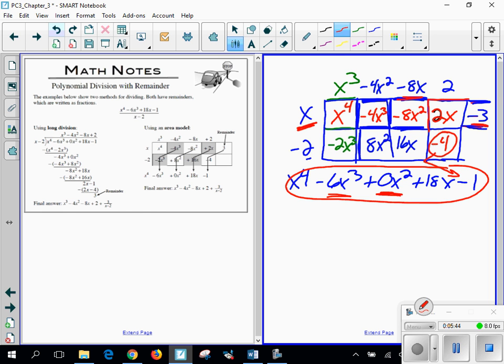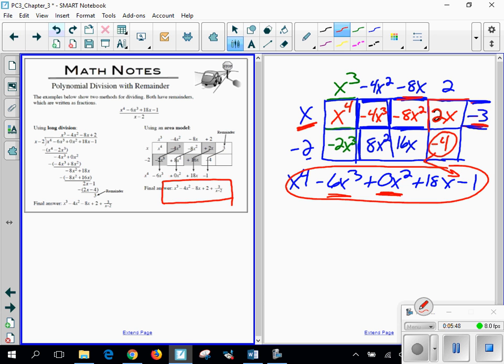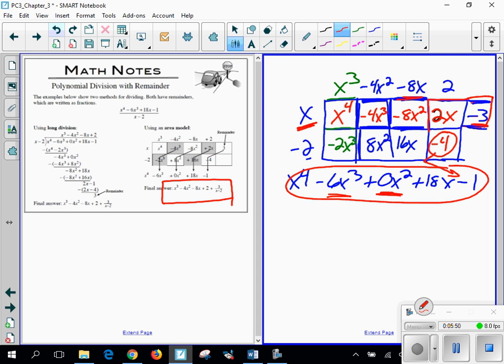So the final answer turns out to be what they have here: this negative 3 was not able to be divided by x plus 2. It still needs to be divided by x minus 2. I'm sorry, x minus 2. That x minus 2 has not divided in there yet.